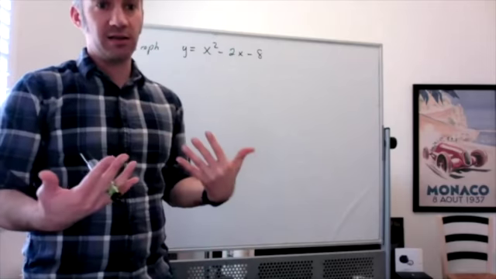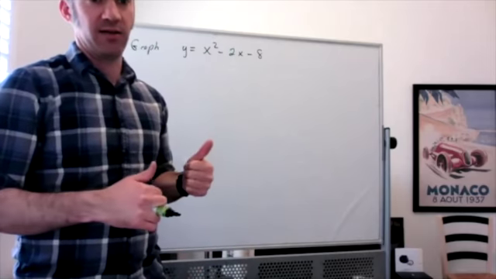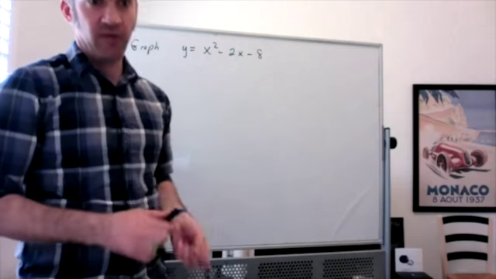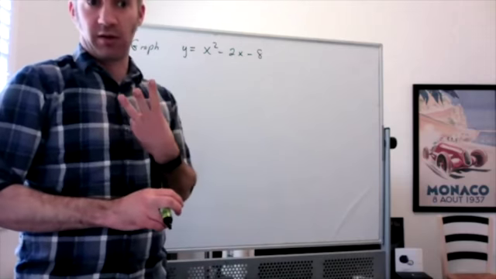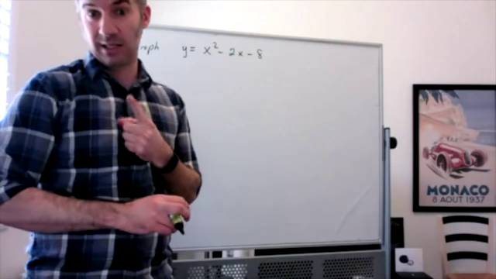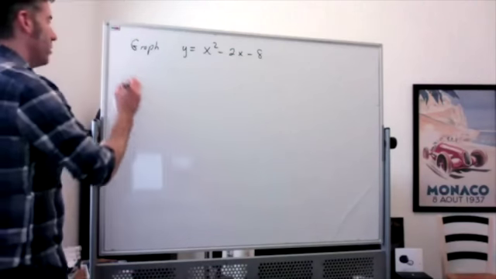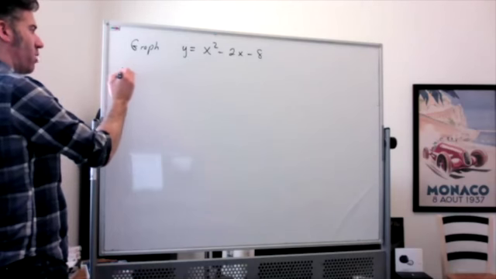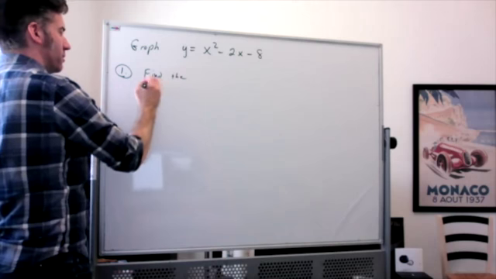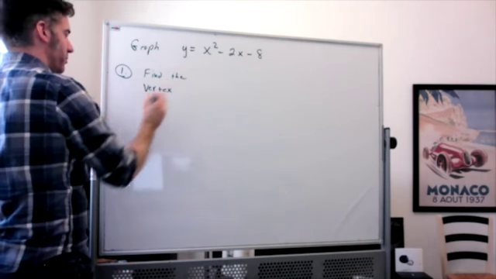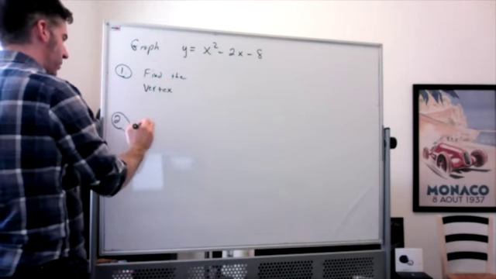For lines, we graph the x-intercept and the y-intercept, and we draw the line through them. For parabolas, there's typically 3 things I'm going to look for, one of which might not exist, which is fine. The things we want to find, in order, are 1, find the vertex. 2, find the y-intercept.